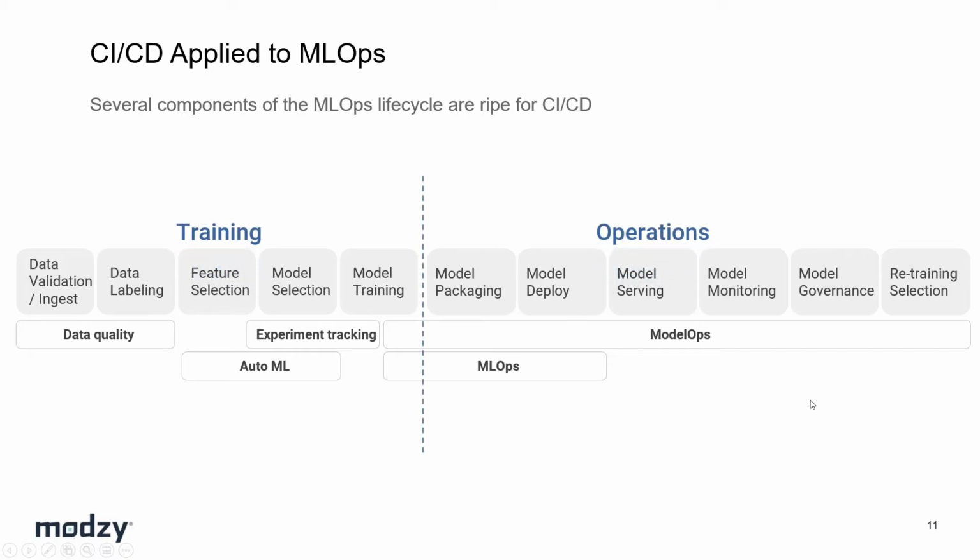We can simplify this a bit by breaking this entire process down into two main categories. One of which is training, so all tasks that go into the AI model training step and process, and then operations. And a lot of folks could argue that there are many steps along this pipeline that are ripe for CI/CD, but what we're going to walk through today is specific to MLOps.